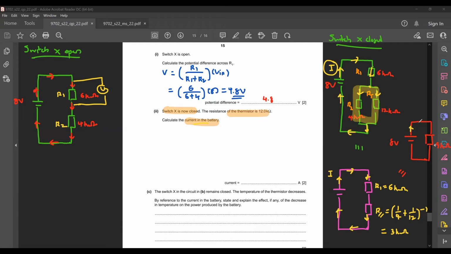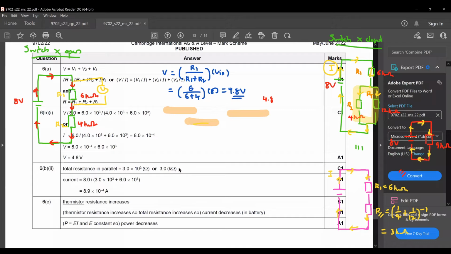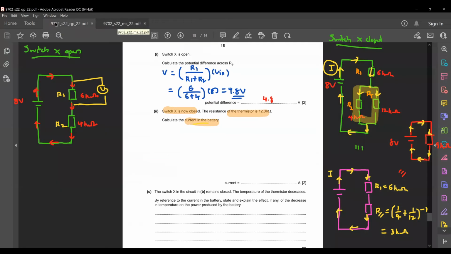Then the same current is now flowing. In my case, I need to find my resistance in parallel first. I need to show the working, because the answer scheme wanted you to show that. So you just show those workings accordingly.